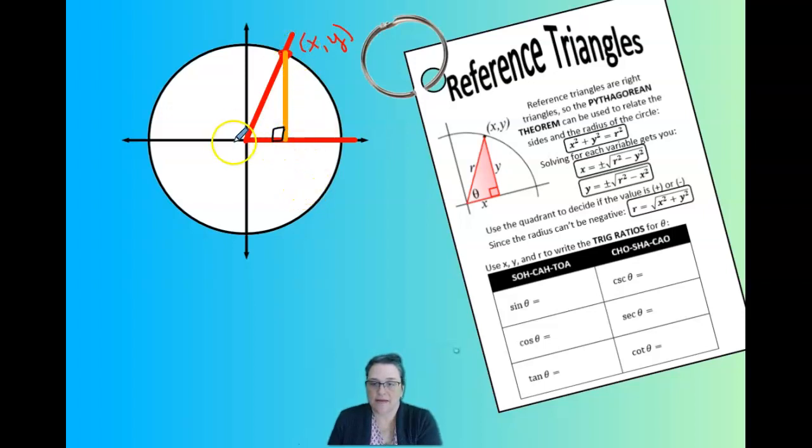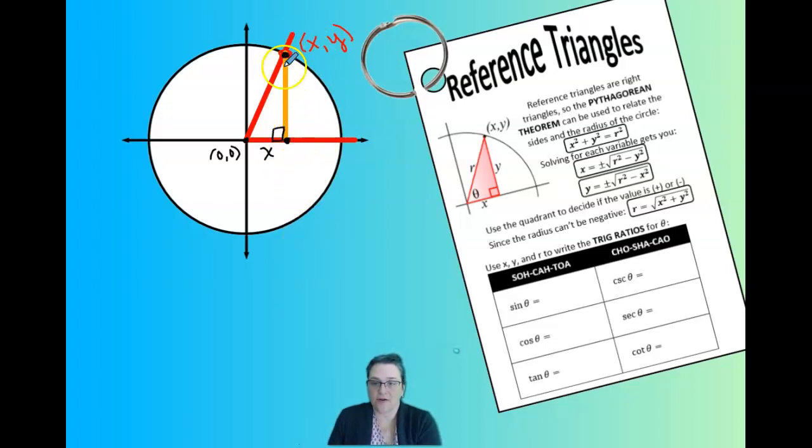And then the distance from the center of the circle, which is 0, 0, the origin, to the point where that perpendicular intersected with the x-axis, that is x units, since this point of intersection with the circle and the terminal side had x as its first coordinate.